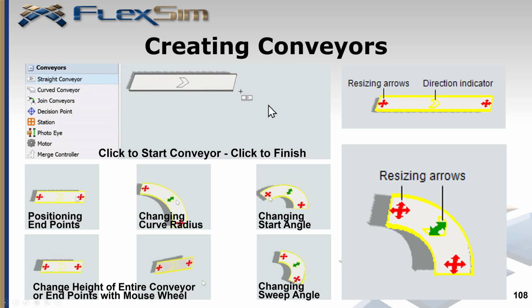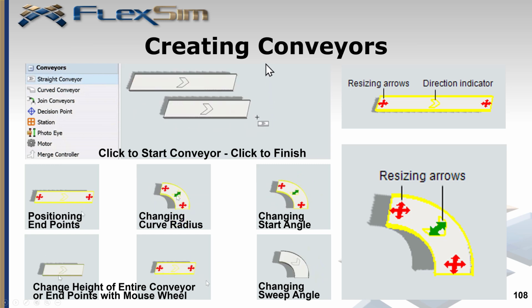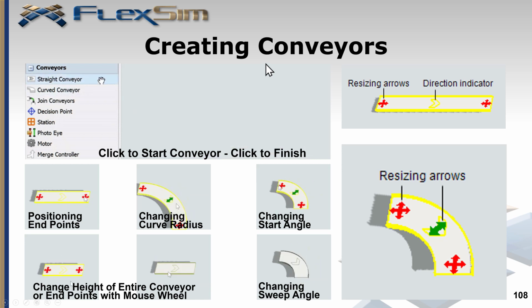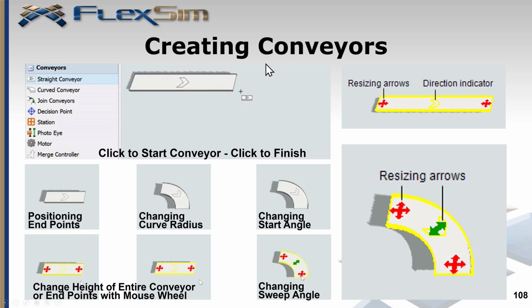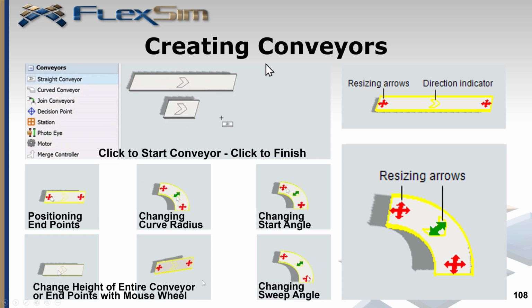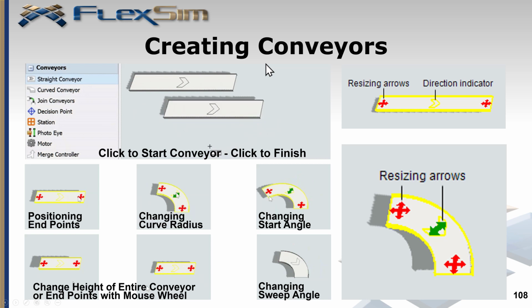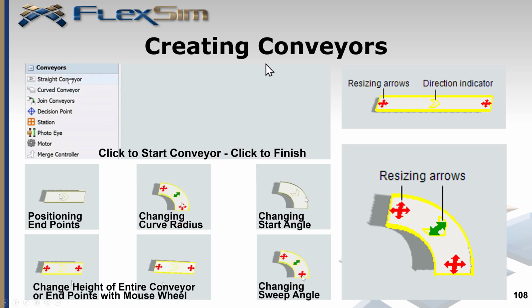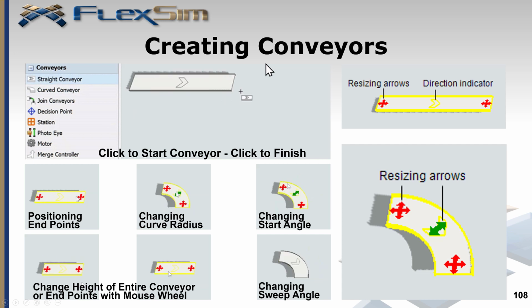Many of the conveyor objects can be added to the model the same way we would add any other object from the FlexSim library. We simply click on the object in the library and drag it into our 3D modeling space. The straight and curved conveyor objects will have a default size if we click and drag them into the model.